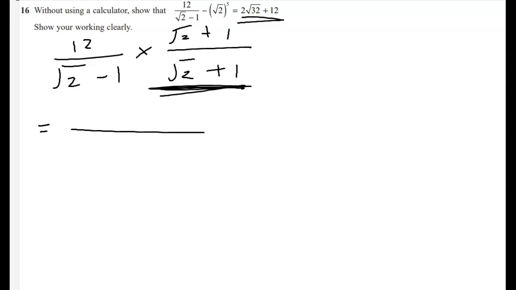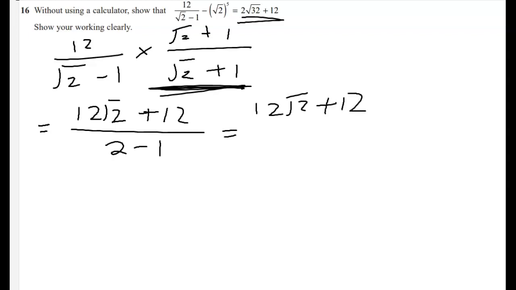So here it would become a squared minus b squared, so it's 2 minus 1. And on top, it would become 12 root 2 plus 12, by expanding the bracket.